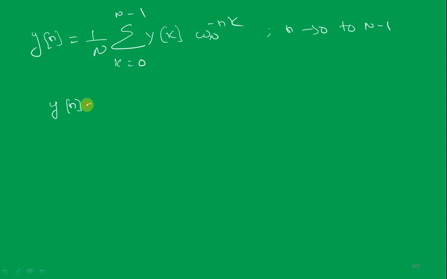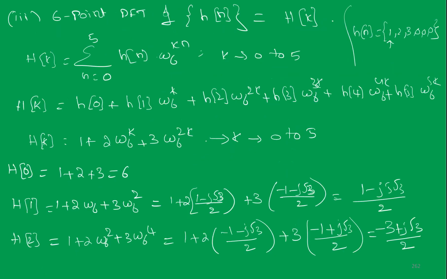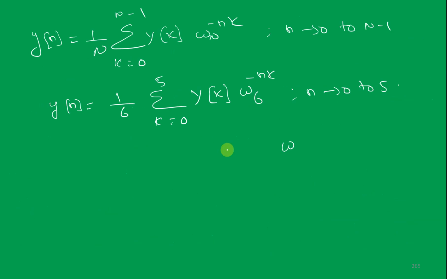Now for N = 6: y of n is 1 by 6 summation k = 0 to 5 of Y of k W6 power minus nk, and n ranges from 0 to 5. In the DFT the twiddle factor has a plus power, that is W6 power kn, but here we have W6 power minus nk.